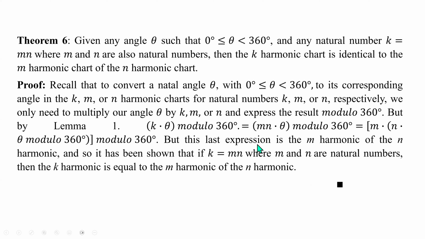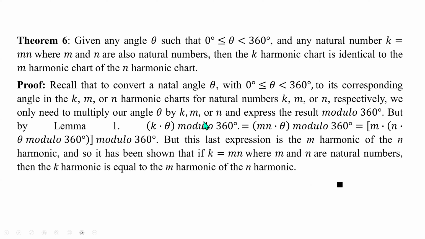But this last expression is the m harmonic of the n harmonic, and so it has been shown that if k is equal to m times n, where m and n are natural numbers, then the k harmonic is equal to the m harmonic of the n harmonic. So this is how you would evaluate the k harmonic for this angle theta.